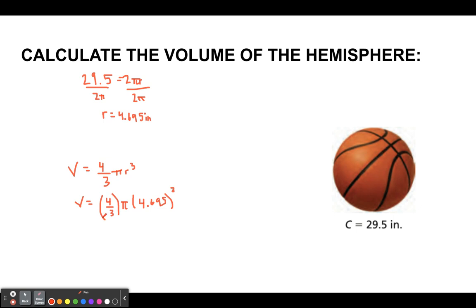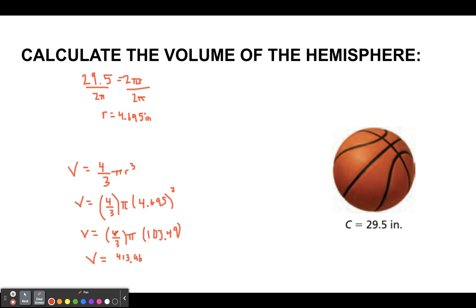Plugging in those values, volume is equal to 4/3 pi, and then 4.695 cubed is going to give approximately 103.49. So that's going to give me that my volume is equal to 413.96 divided by 3.